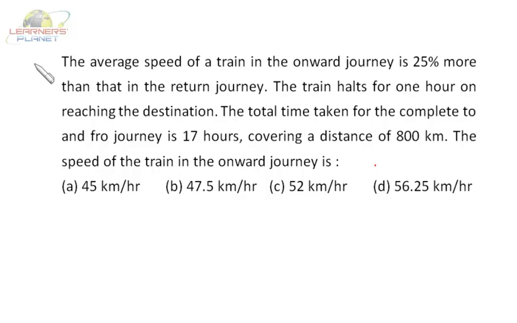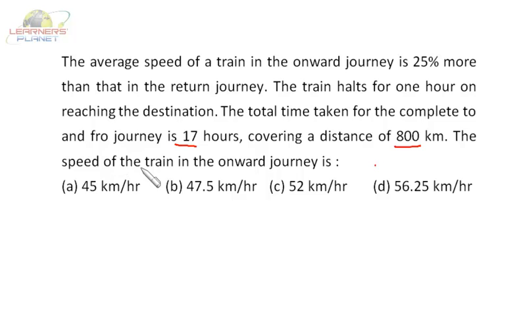Now friends, let's try this question. The average speed of a train in the onward journey is 25% more than the return journey. The train halts for an hour on reaching its destination. The total time taken for the complete to and fro journey is 17 hours and the distance is 800 kilometers.